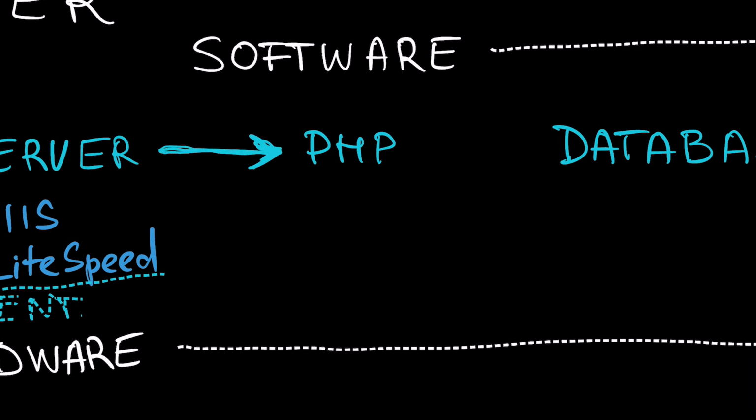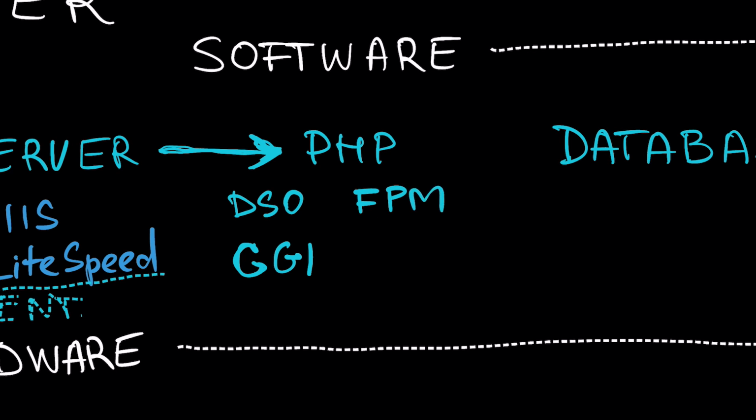You can run PHP as a DSO module for Apache. That's one option. Very common and popular is to run it as CGI. Then very popular as well is to run PHP as FPM.